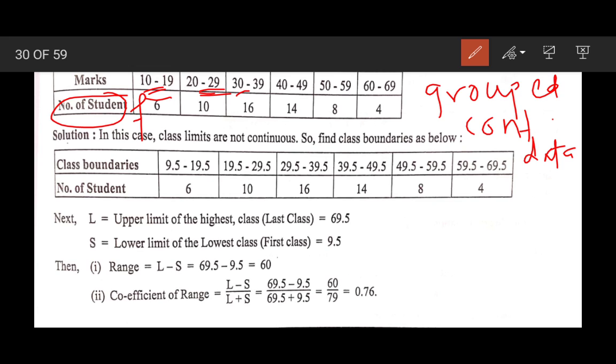Now again see, class intervals are exclusive type: 10 to 19, then 20 to 29, then 30 to 39. So we have to make it inclusive type by subtracting 0.5 from the lower value and adding 0.5 to the upper value.